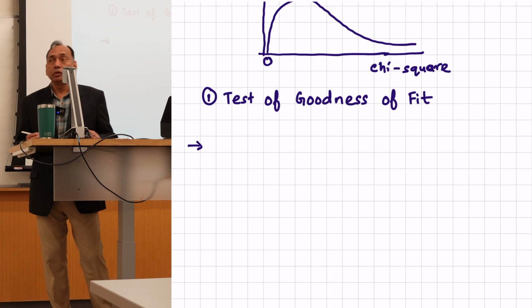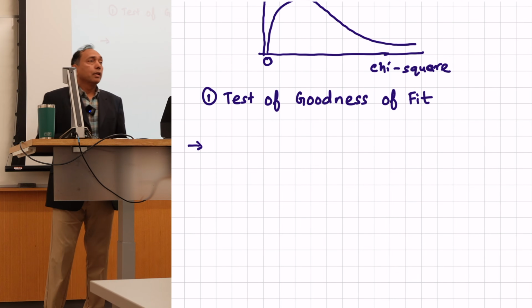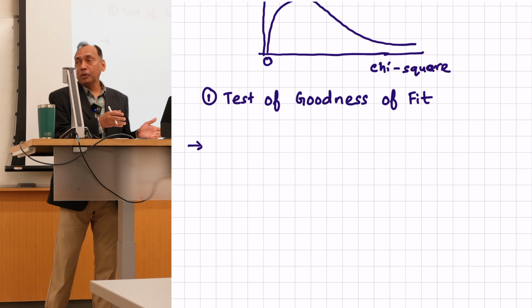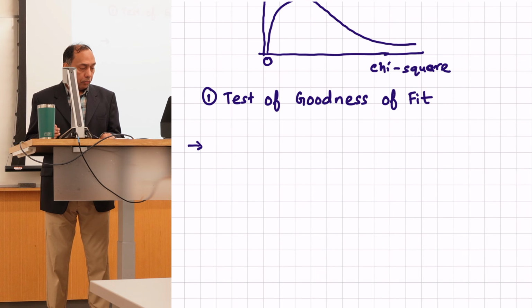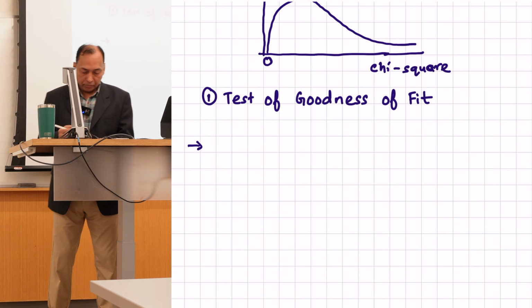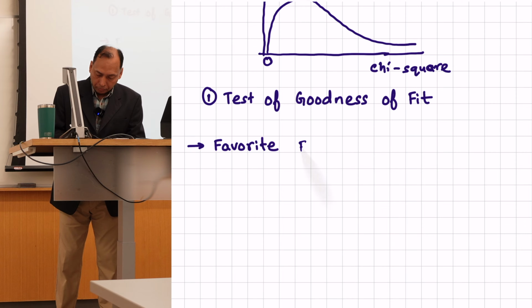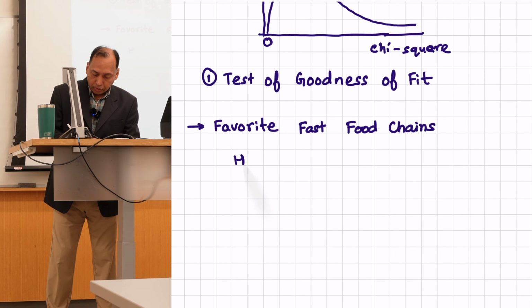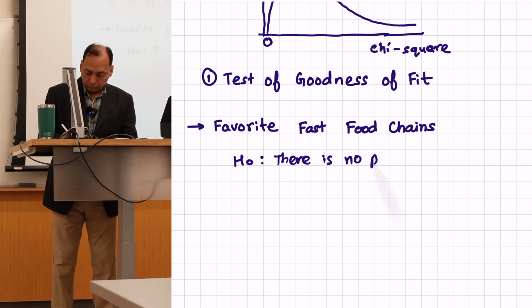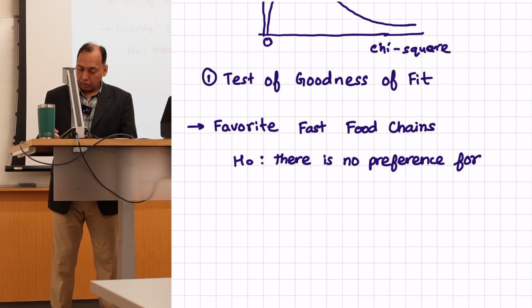Let's say you want to study student preferences at UMass Dartmouth, like what fast food chains they like. We may have a set of null and alternate hypotheses. So there is no preference for fast food chains.